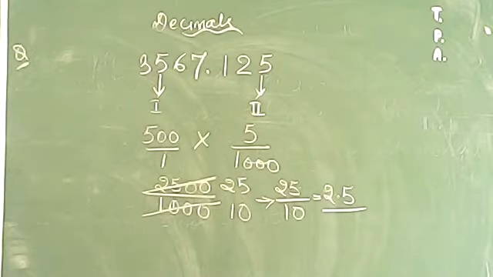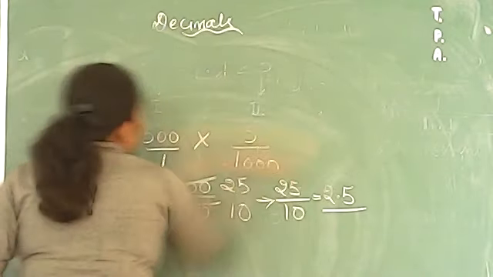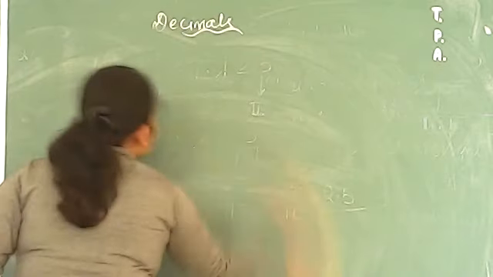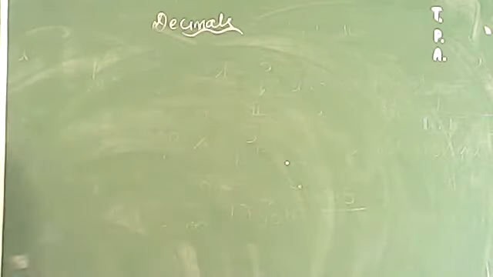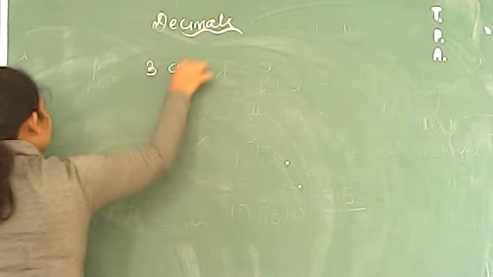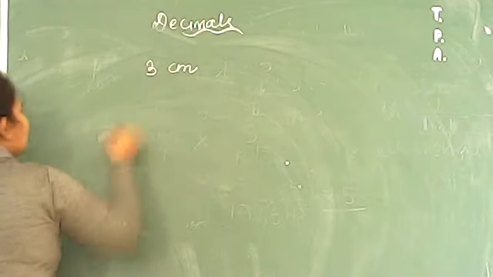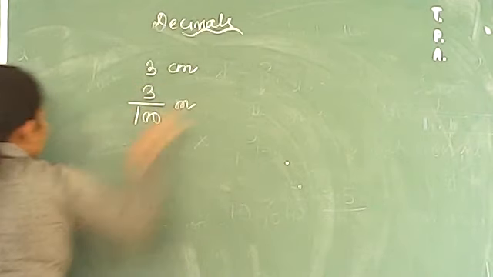Now choose the correct options. Choose the correct option is given in the next question, which is a multiple choice question. We have been given two questions. The first question is: 3 centimeter can be written in the form of decimal. Now you know it is telling 3 centimeter. Centimeter means you know we talk about divide by 100 for converting into meter.